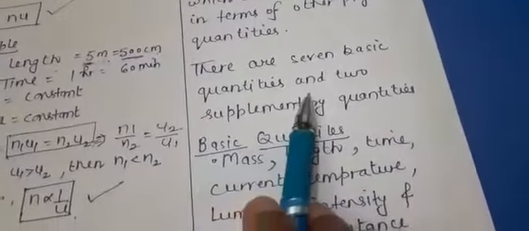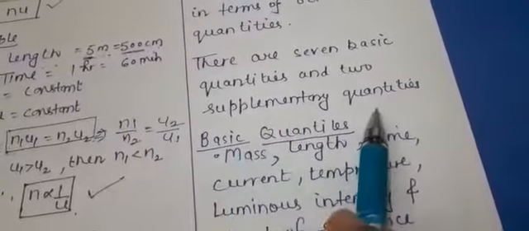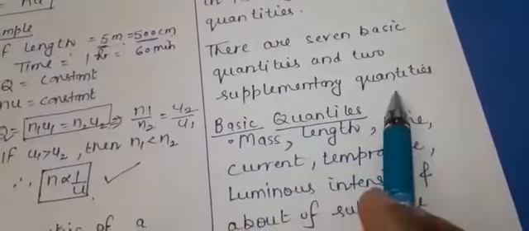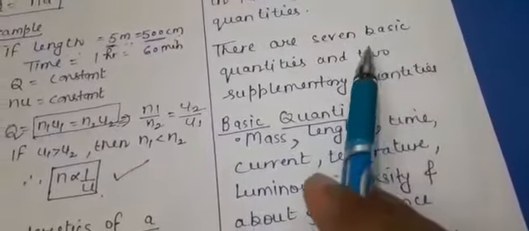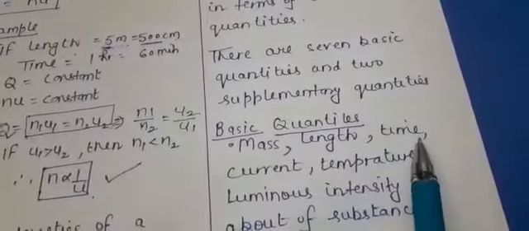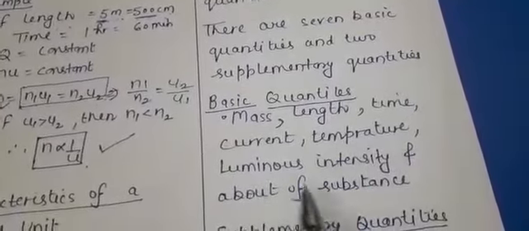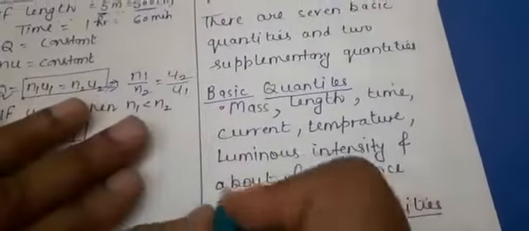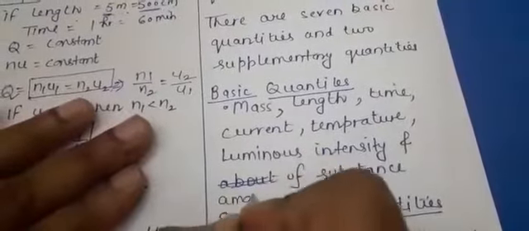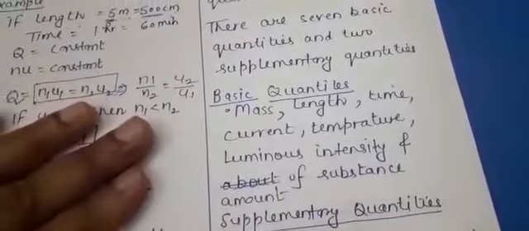However, there are 7 basic or fundamental quantities and 2 supplementary quantities. The 7 basic quantities we categorize as mass, length, time, current, temperature, luminous intensity, and amount of substance.